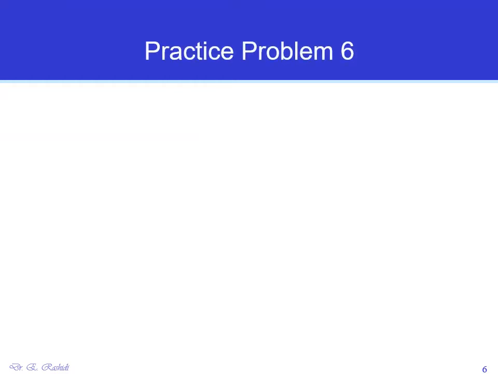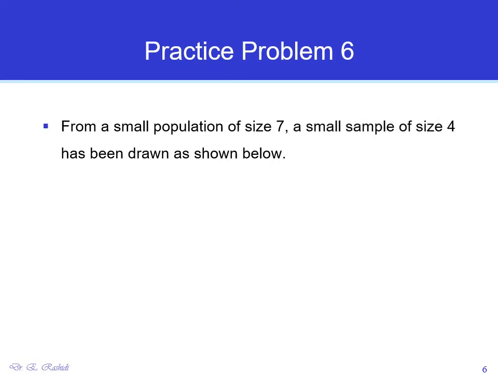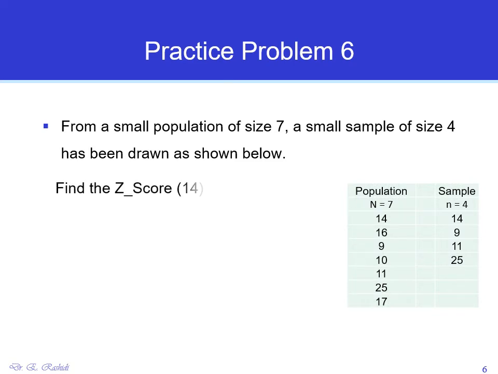Let's work on a practice problem for finding Z-score. Suppose we have a set of data, a population of 7 numbers. We have taken a small sample from this population, only 4 numbers, as you see in this table here. We want to find the Z-score of 14.